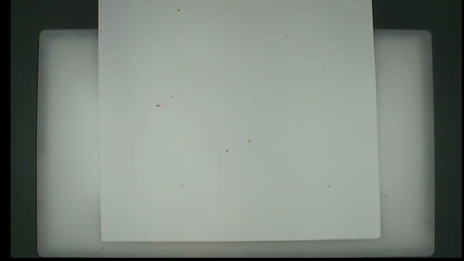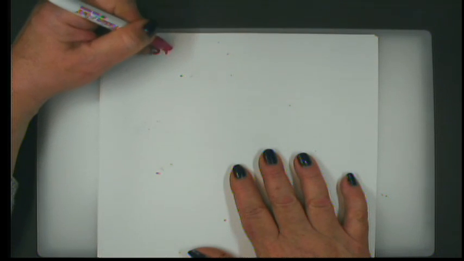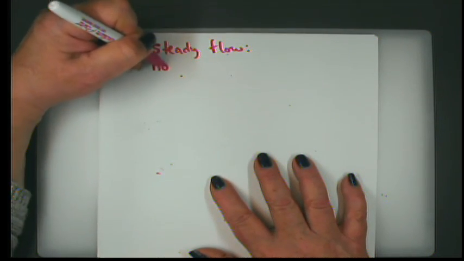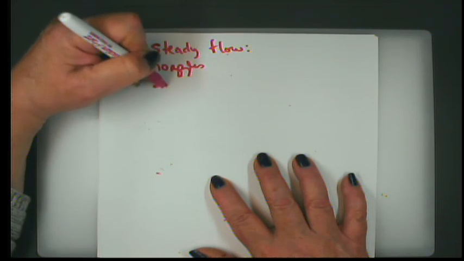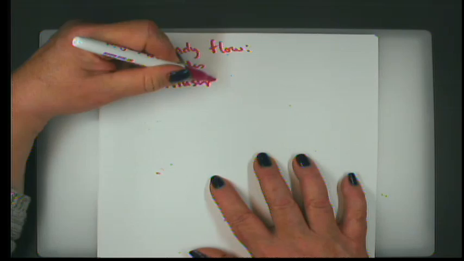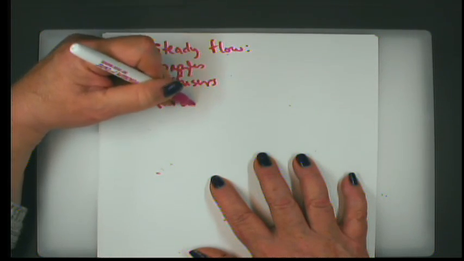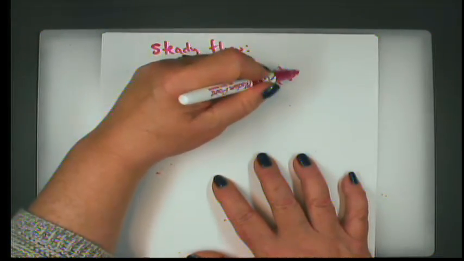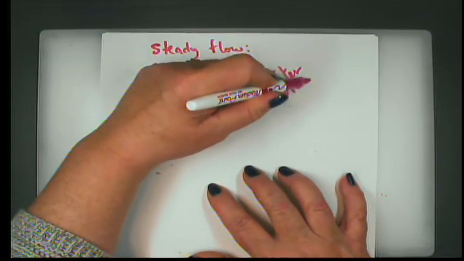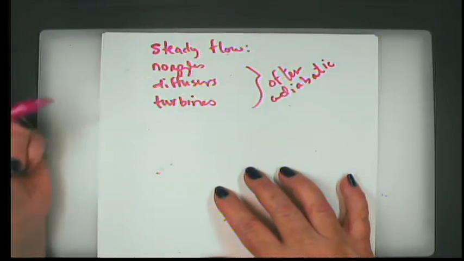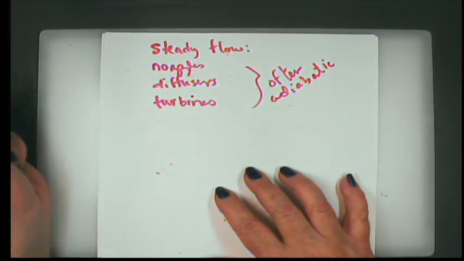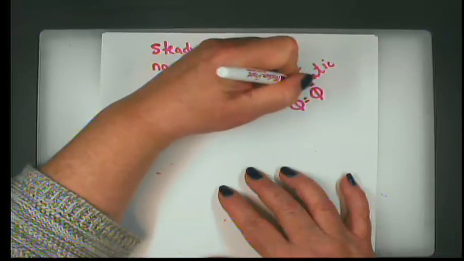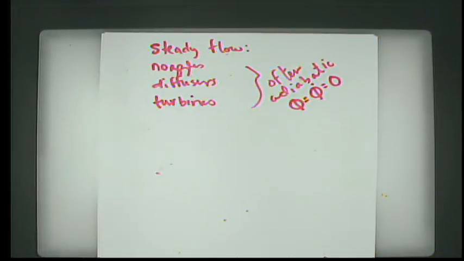So for steady flow, some of the main types of appliances that we're talking about are nozzles, diffusers, turbines. These are often, not always, but often, adiabatic. You need to check the problem and decide if that is a valid assumption or not. But if they are adiabatic, that means that Q, which is Q dot, is equal to 0 during the course of the operation.